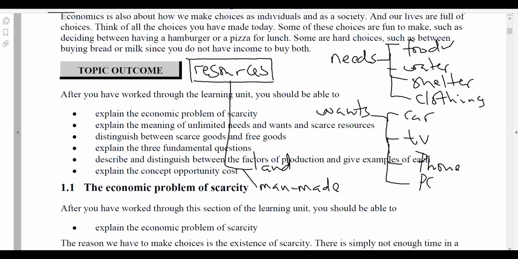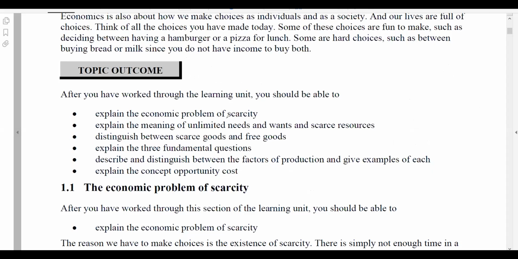So that brings us now to the problem of scarcity. Scarcity arises because we have got limited resources.